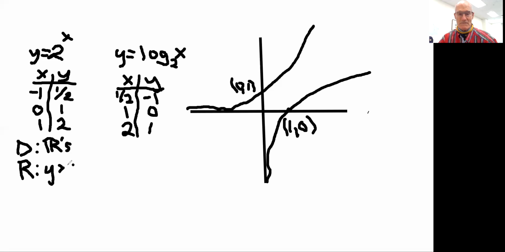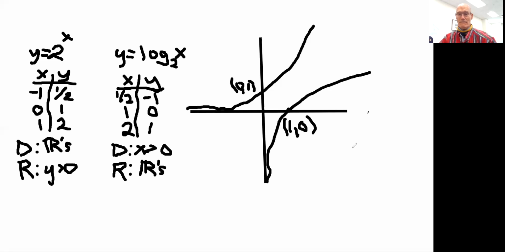Since the logarithmic function is the inverse of the exponential function, not only do the coordinates swap, but the domain and range swap. So the range for the logarithmic function now is all reals, and the domain is x greater than 0.